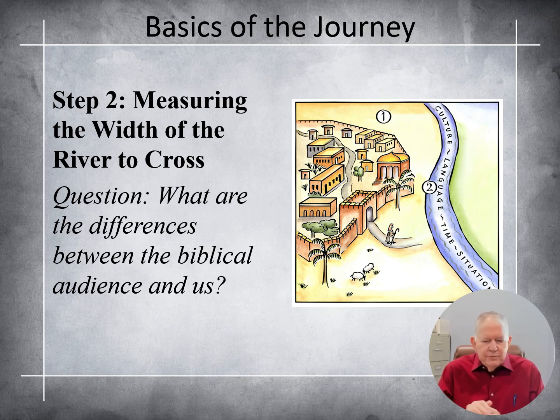And then number two is measuring the width of the river to cross. How far across is it? How difficult is it to manage? And that would include the differences between our day and theirs, between that biblical audience and ours.